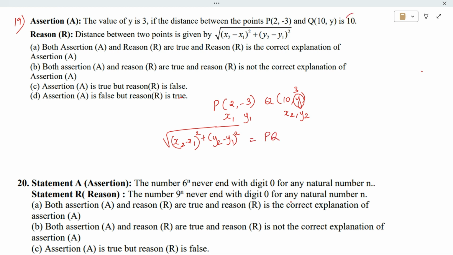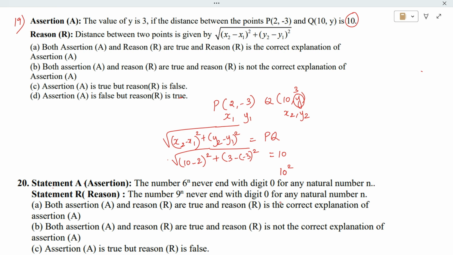They have given the distance between PQ as 10, and I am going to substitute the values of x2, x1, y2, y1. Root of (10 minus 2) the whole square plus (3 minus of minus 3) the whole square is equal to PQ, which is 10. Now I am taking the square root to the other side, so it becomes 10 square, isn't it?